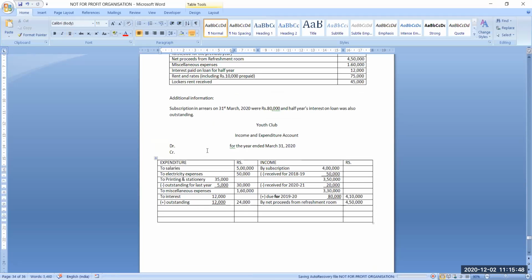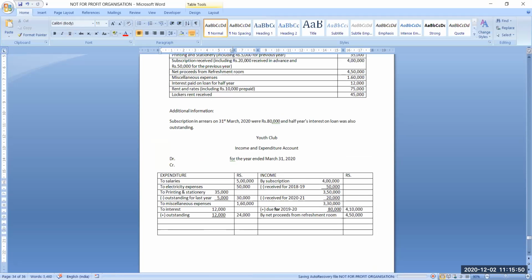Then next one is what? Next one is this one, rent and rates, including 10,000 prepaid. So prepaid will not be treated as an expense. To rent and rates, it is 75,000.